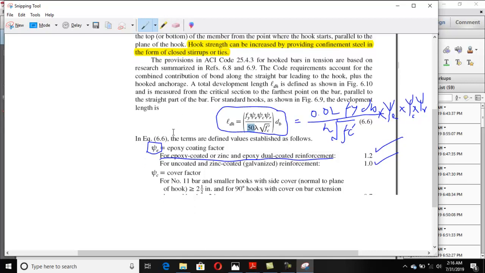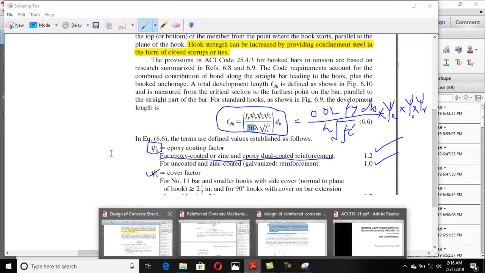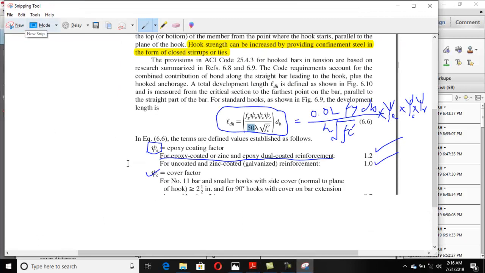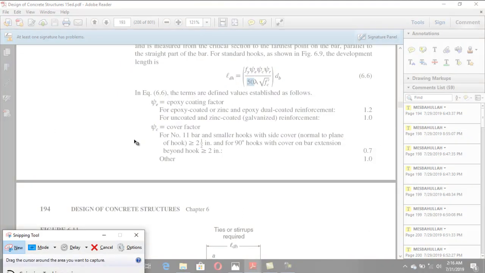This coated factor is clear and simple, not complicated, but this other factor is a little bit complicated. You must know about this factor, you must understand this factor clearly.